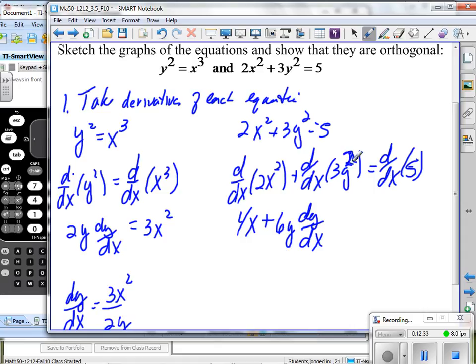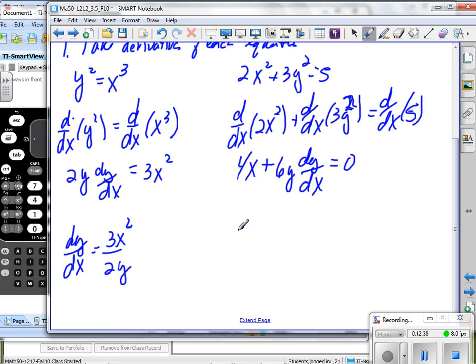Yeah, I took the outside function, and then the derivative of the inside equals 0. Okay, so down here, dy dx is equal to negative 4x divided by 6y, or we could say negative 2x divided by 3y. Those are equations to find slopes of lines tangent to each of those curves.